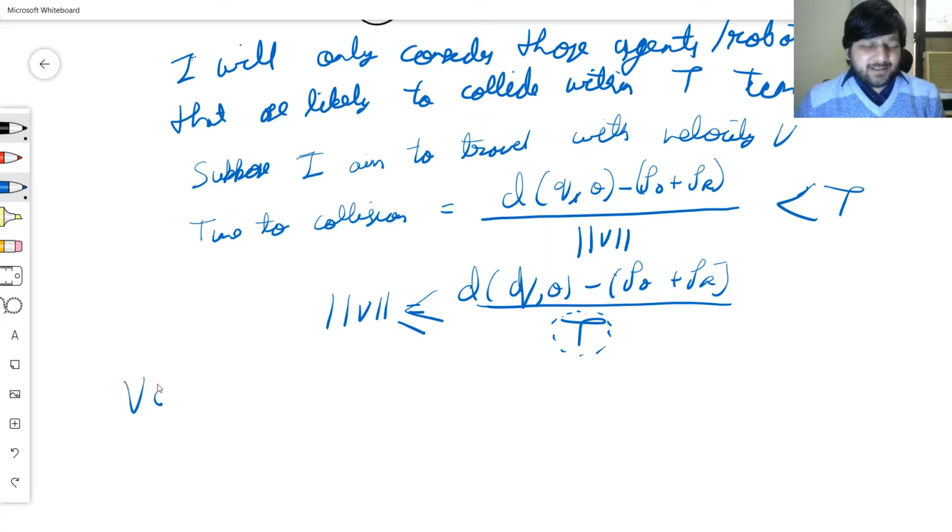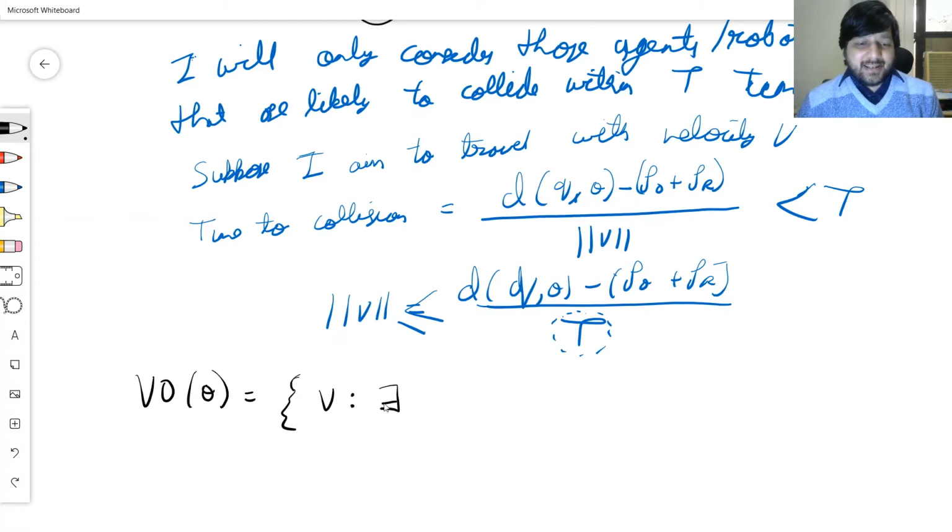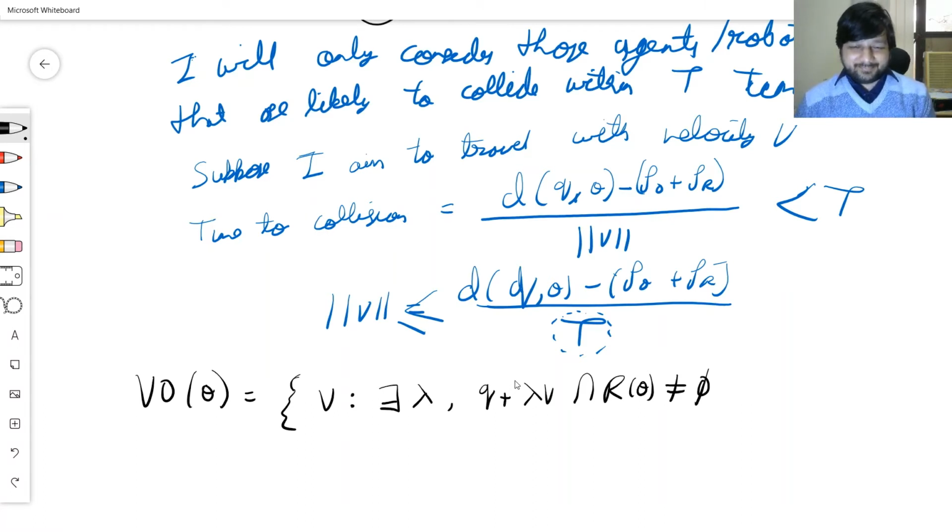So velocity obstacle for O is given by the set of all velocities v such that there exists a lambda such that q plus lambda times v intersection r, the spatial occupancy of O; this line and this vector collides, and I will incorporate the velocity by which the other agent is moving.